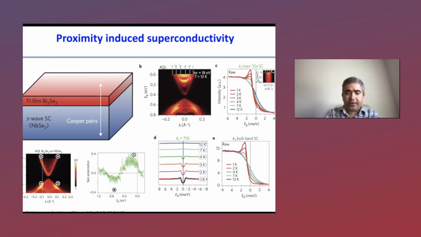We have momentum resolution, so you can do the temperature-dependent measurement, particularly selecting either surface or bulk, and you can clearly see this superconducting gap, this quasi-particle gap. It vanishes if you go above the superconducting transition temperature. If you go above 7 Kelvin or 12 Kelvin, there's no gap, but if you come down, you can clearly see this superconducting gap.